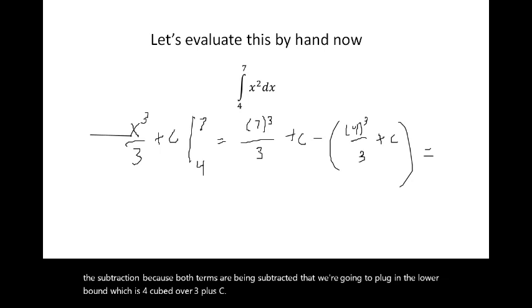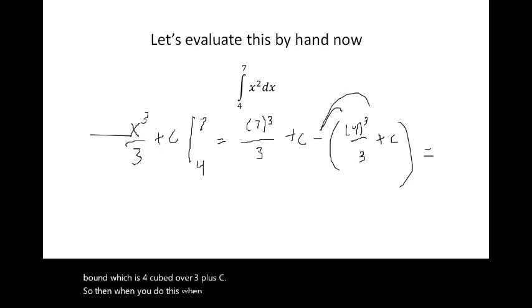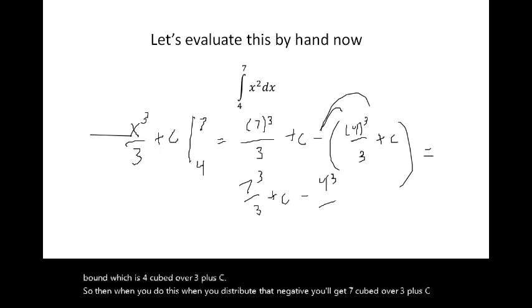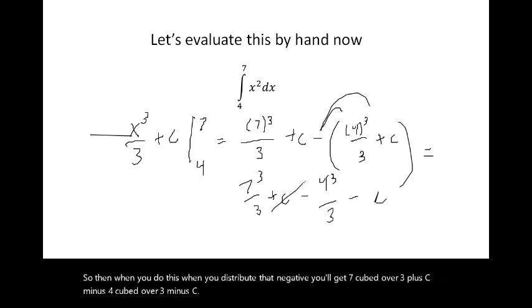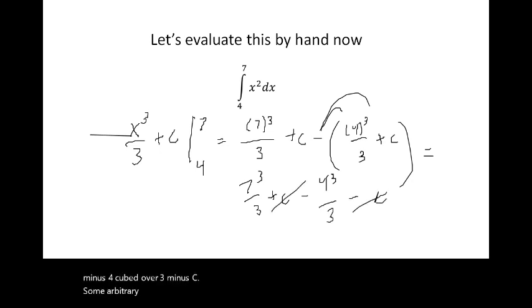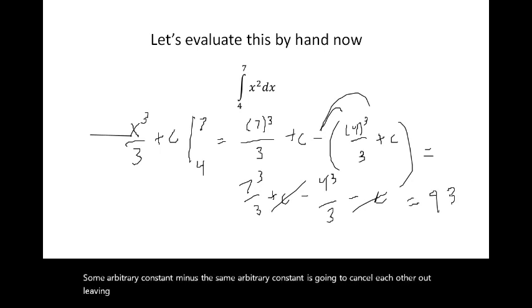When you distribute that negative, you'll get 7 cubed over 3 plus c minus 4 cubed over 3 minus c. Some arbitrary constant minus the same arbitrary constant is going to cancel each other out, leaving you with just 93.